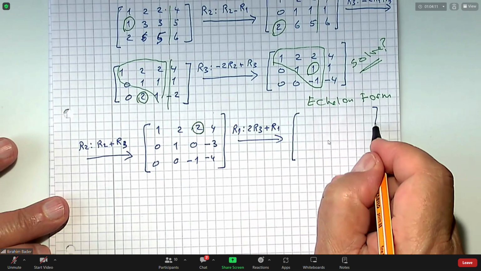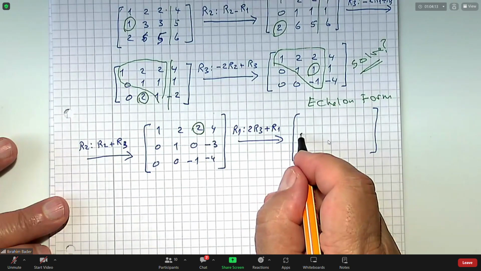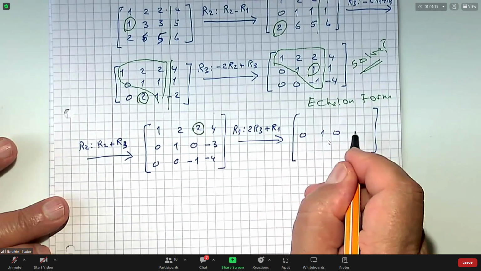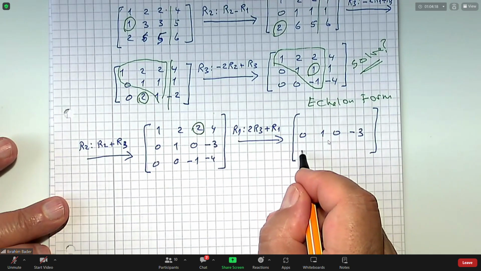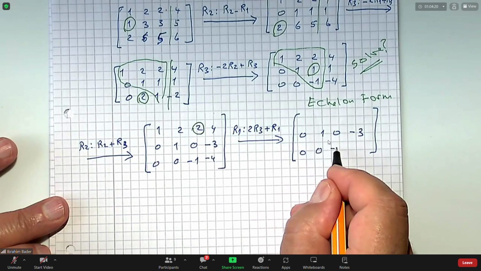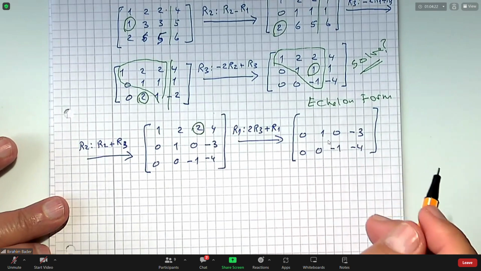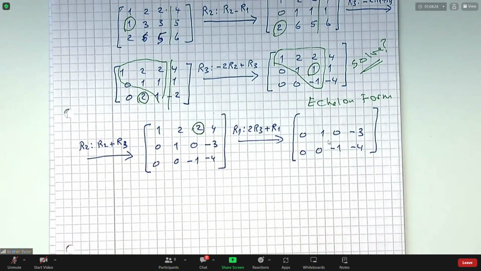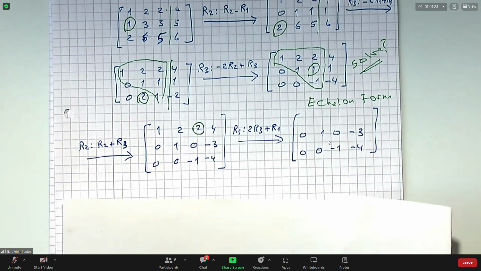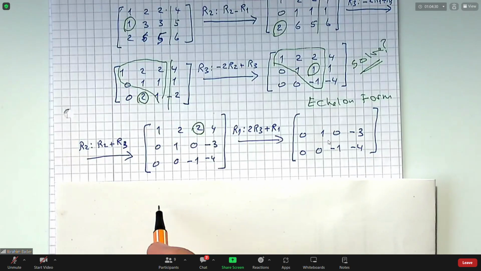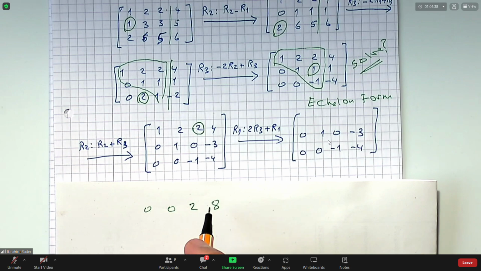Here, I leave number 1 here. So 0, 1, 0, negative 3. 0, 0, negative 1, negative 4. Okay, let's do it again here on the scratch paper and see what we get. So 2R3: 0, 0, negative 2, and negative 8.